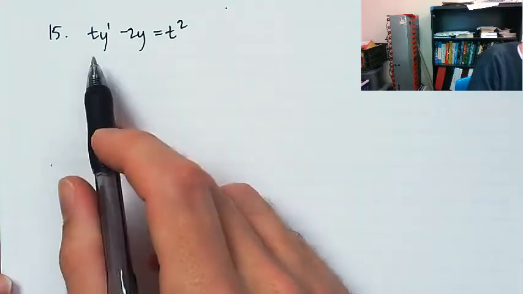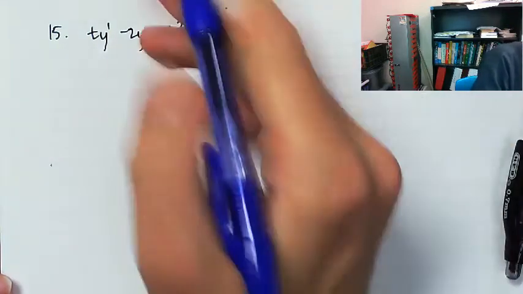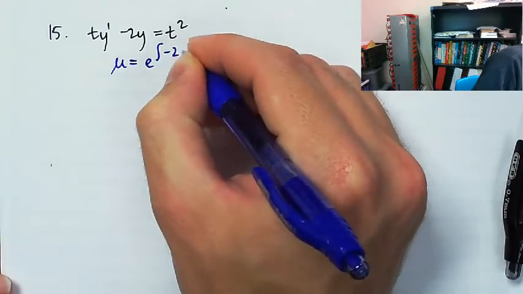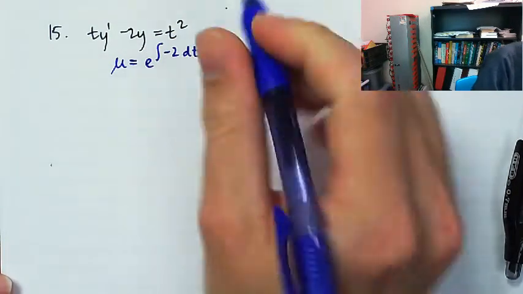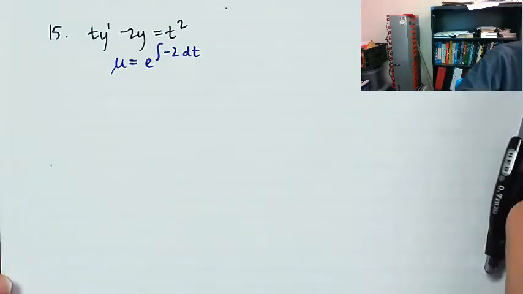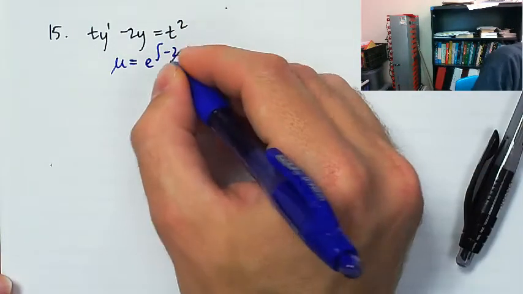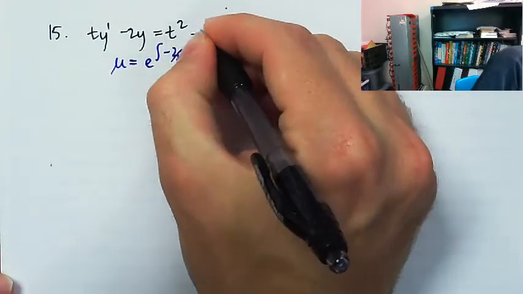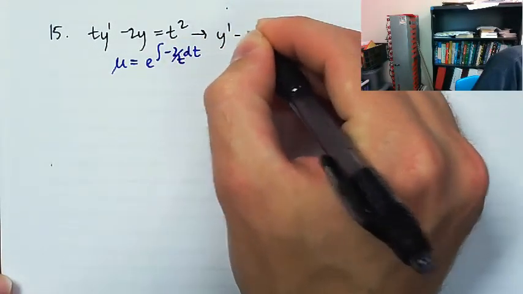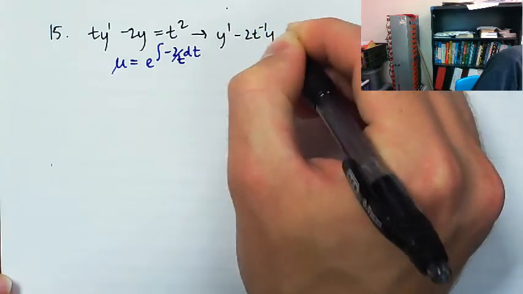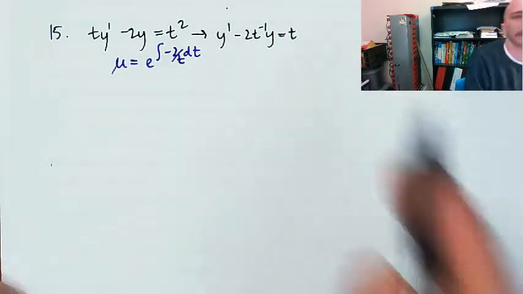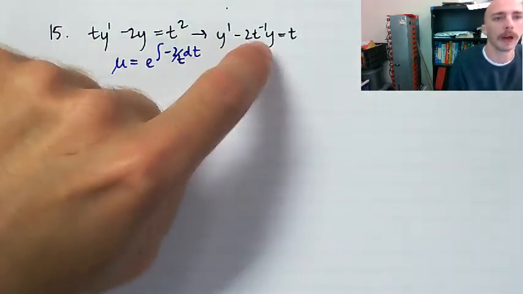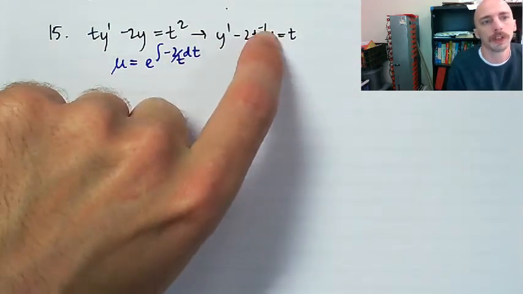Okay, so integrating factor is e to the antiderivative of negative 2 over t, right? Because I need to divide this through. I almost forgot that. Okay, divided everything by 1 power of t to get rid of that right there. Okay, so now, yeah, I'm taking the antiderivative of negative 2 t to the negative 1.